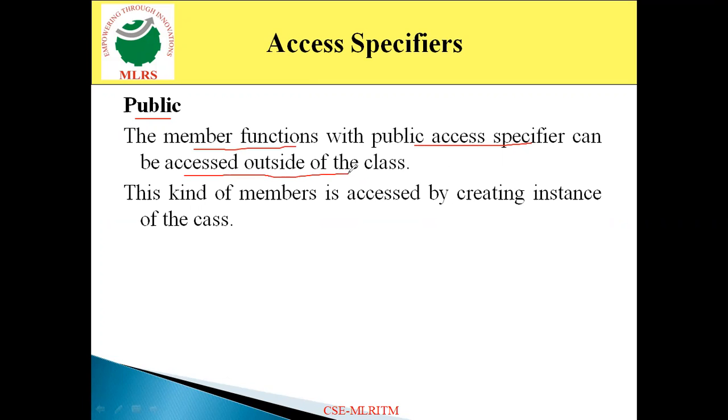In order to access the member functions declared under public mode, we use an instance of the class, that is an object of the class. By using the object, you can access the member functions in the class which are declared under public mode. This is the public access specifier.